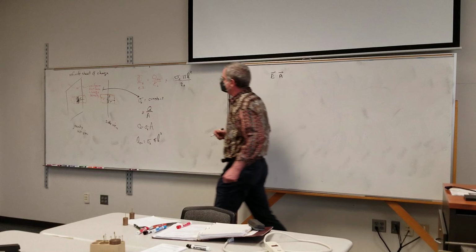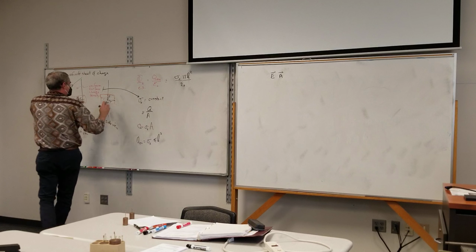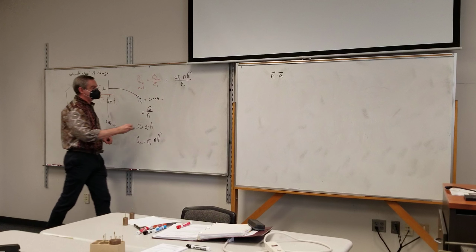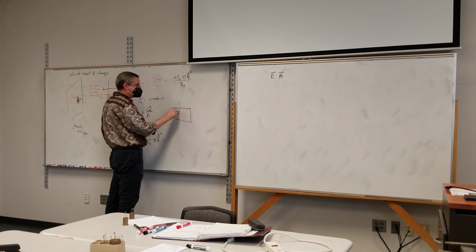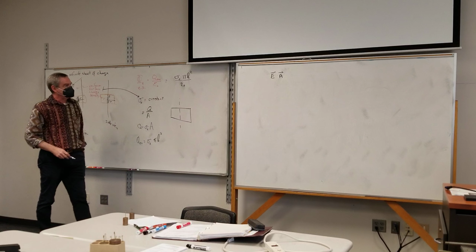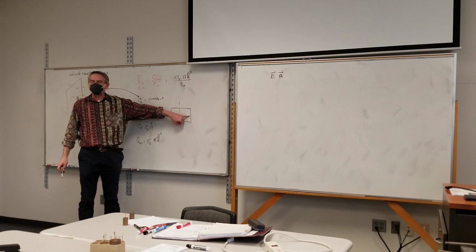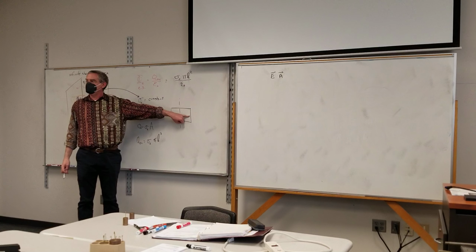So let's think about that. I've got my surfaces right here. So from a side view, I got my can looking like this, and that's the sheet. What's the direction of the area vector at this end? The direction of the area vector.